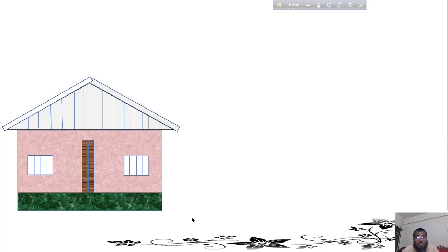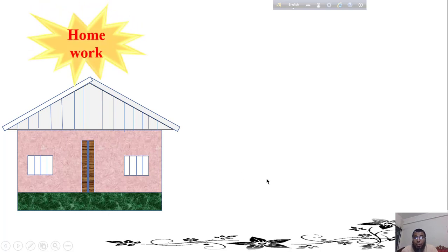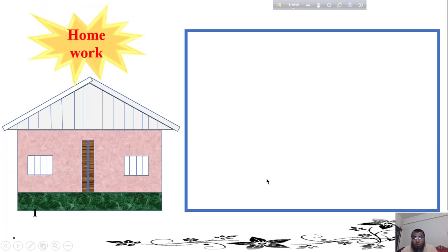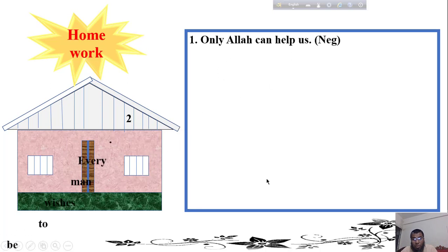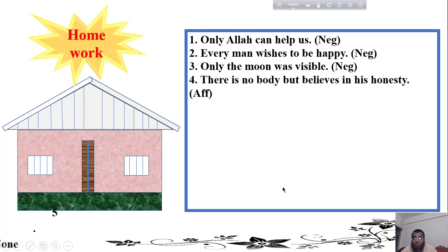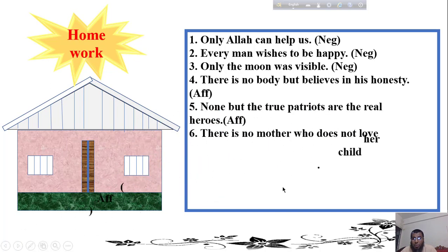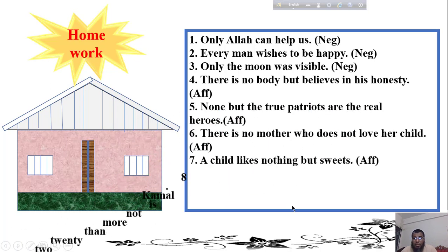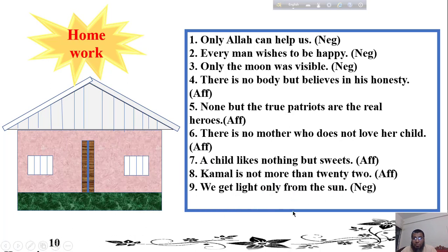Okay, now my dear students, it is time to go back home, so I'm going to give you homework. You must copy all the sentences that are given. There are 10 sentences here. Only Allah can help us. Negative. Every man wishes to be happy. Negative. Only the moon was visible.